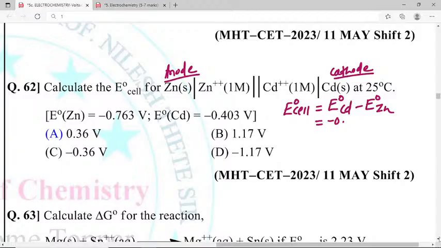Minus 0.403, minus zinc has the value minus 0.763. So minus minus becomes plus: 0.403 plus 0.763. If you solve this, we'll get the answer 0.36 volt.